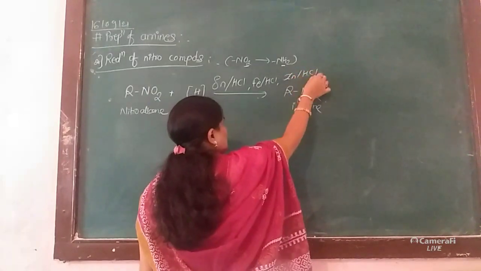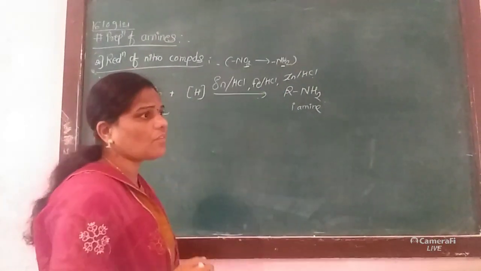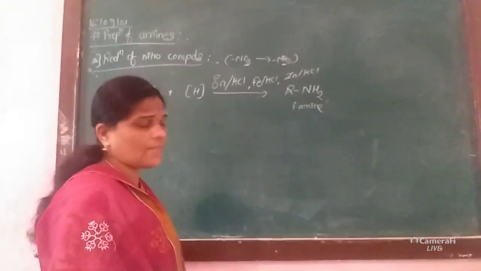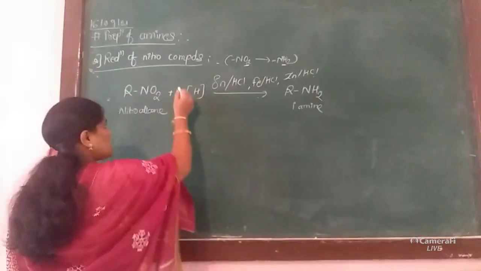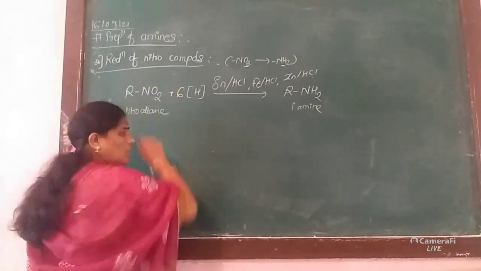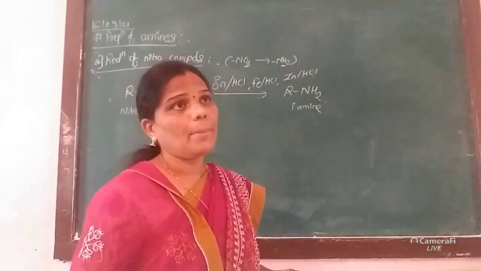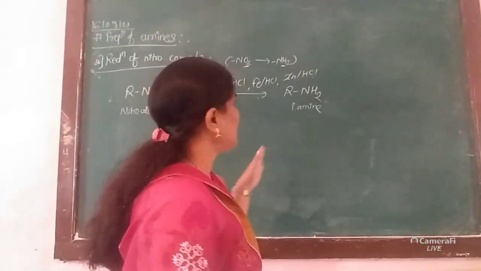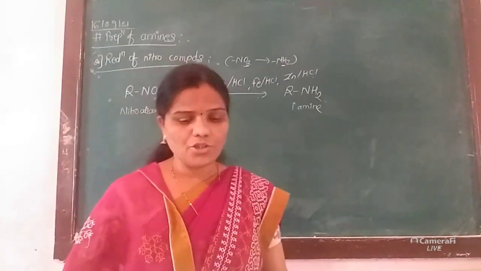Zinc also produces ZnCl2, that is zinc chloride, with the formation of nascent hydrogen. Fe with HCl again forms FeCl3, that is ferric chloride, with the formation of nascent hydrogen. And this nascent hydrogen reduces the nitro group to the amine. Means in the presence of a metal plus acid mixture, the first reducing reagent, that mixture reduces NO2 to NH2 group.